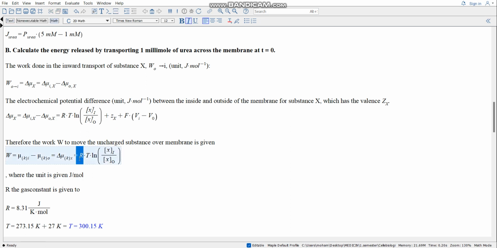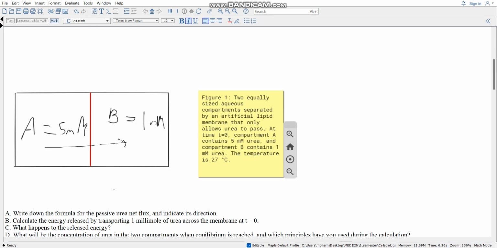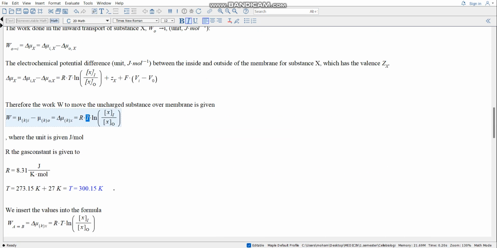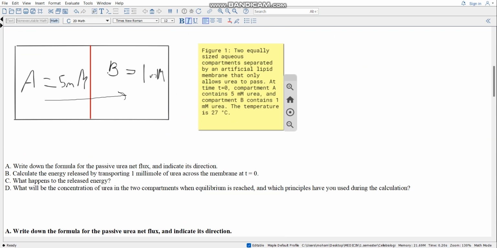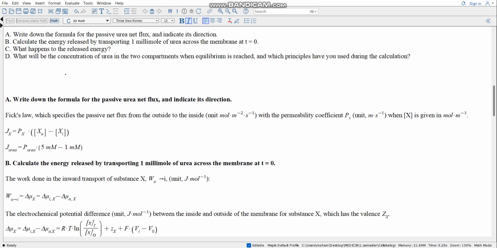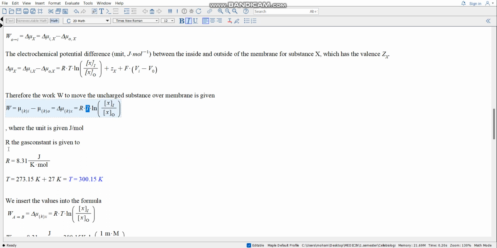Of course, R is the gas constant, T is the temperature, right? And X is the concentration inside the membrane and outside the membrane, okay? So inside the membrane we have 1 millimole, and outside we have 5 millimoles. The R constant is given as this one, you can find it using Google.